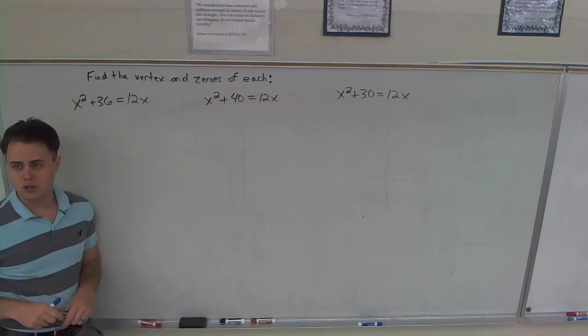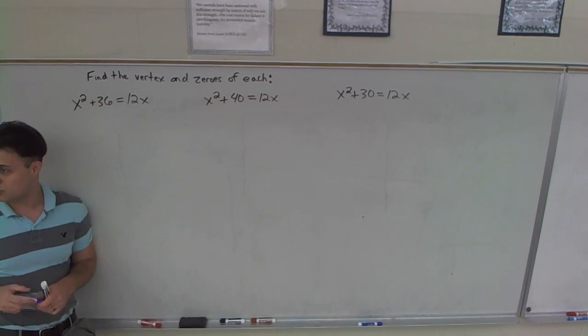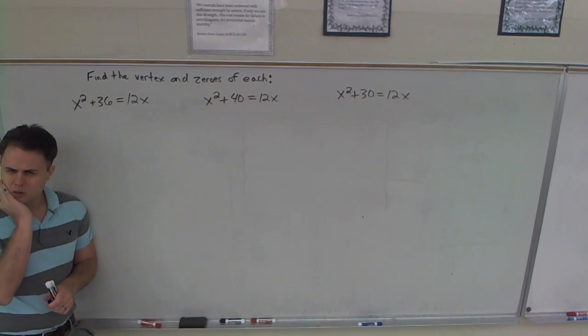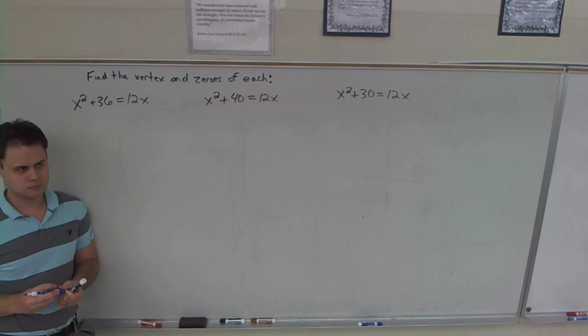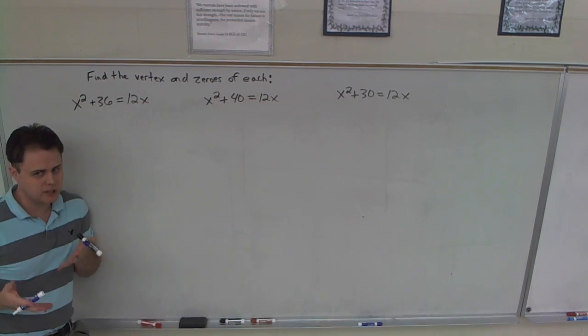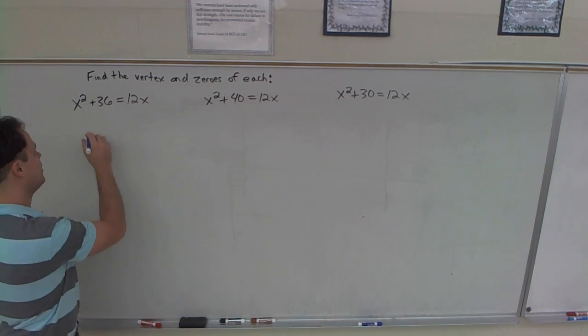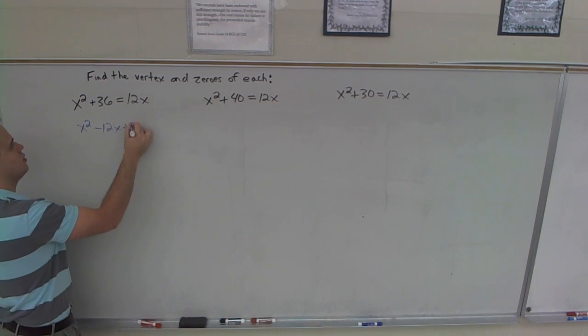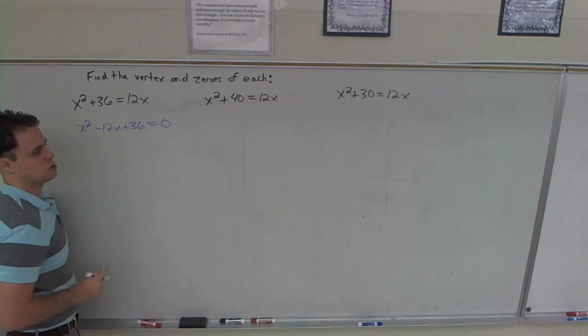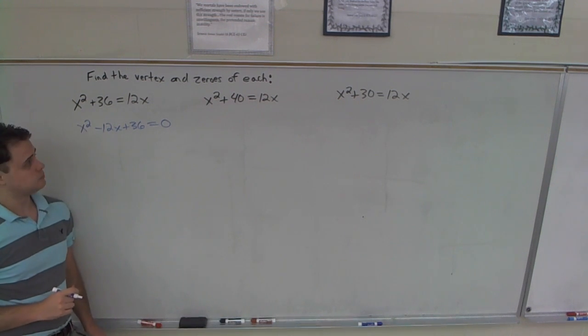I'm just interested in finding what kinds of zeros there are. So what do you guys think I need to do with these parabolas first? Set them to 0 so I can actually see what A, B, and C are, right? Not because I need to use the zero product property, but because I don't want to mix up which letter is which coefficient.